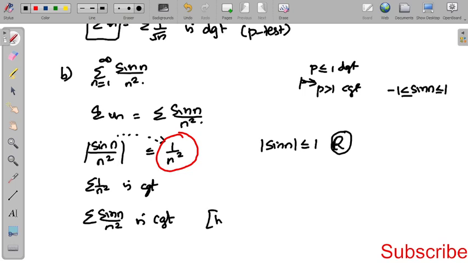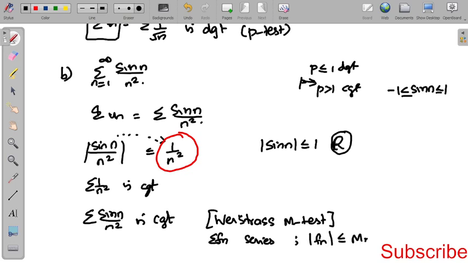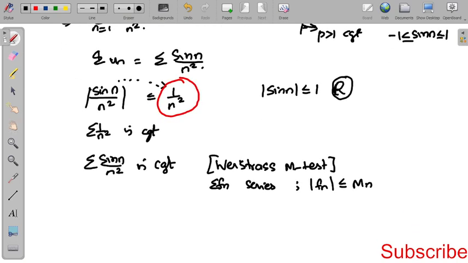This is by the Weierstrass M test. The Weierstrass M test says that if summation fn is a series with the condition that modulus fn is less than or equal to Mn, and if summation Mn converges, then summation fn converges uniformly.